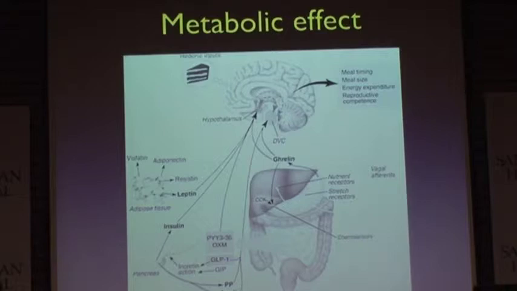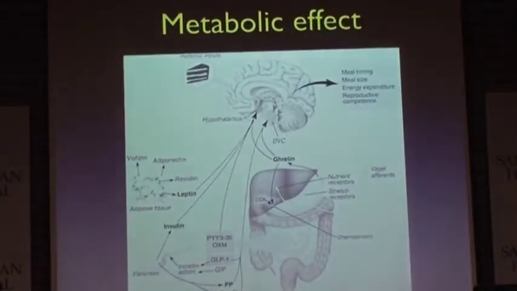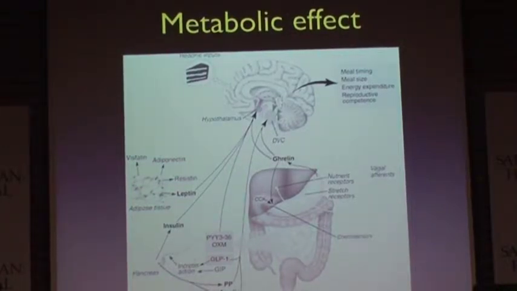Not only does it do those two things, restriction and malabsorption, it also changes a variety of hormones that our digestive system normally makes. And that's called the metabolic effect of these procedures.